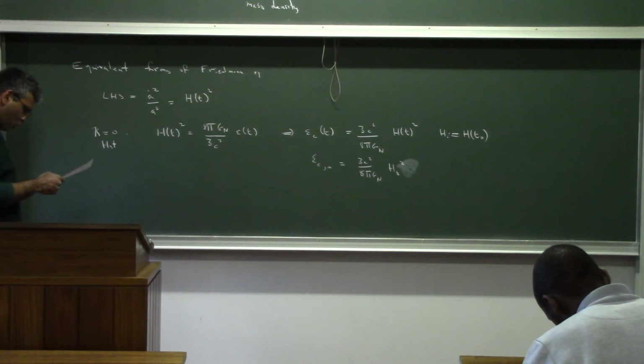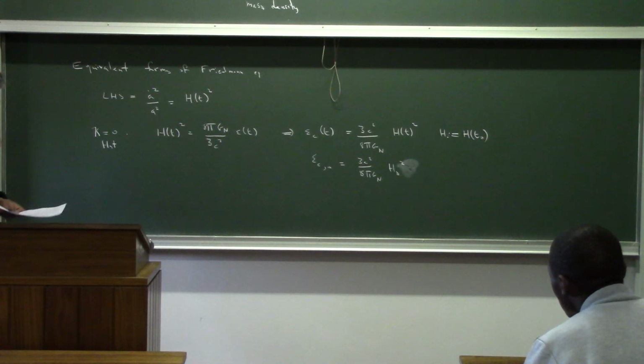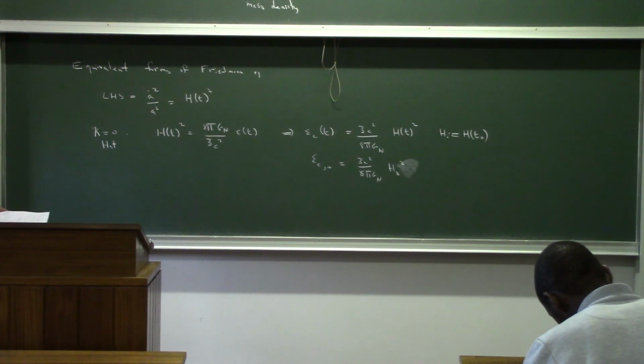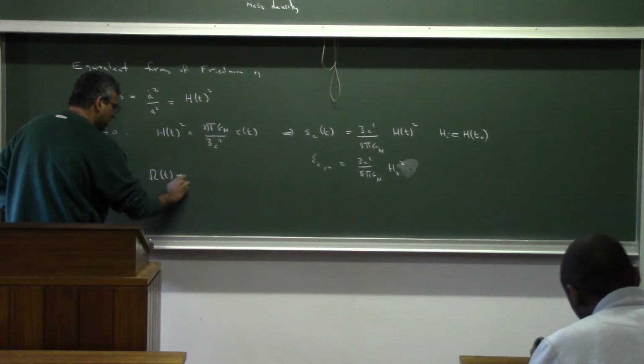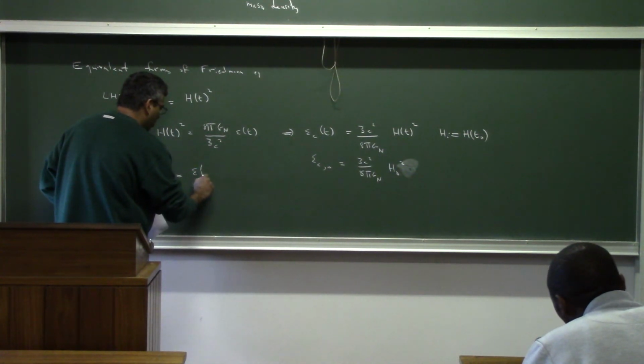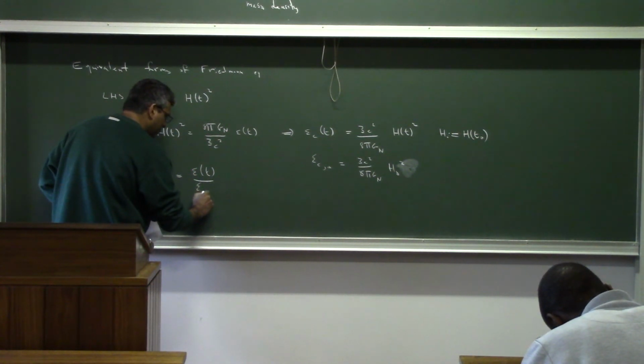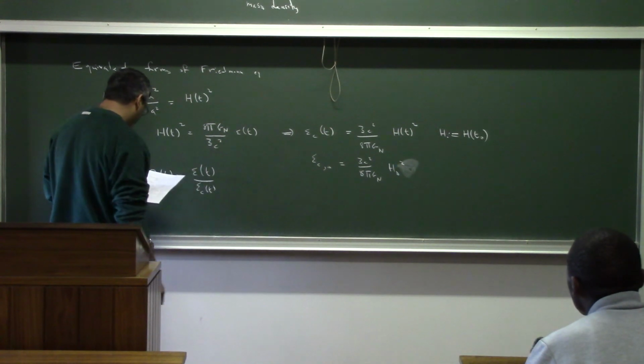So, we can compare the energy density to the critical energy density, and that defines a new parameter, omega of t, which is the ratio of these two.